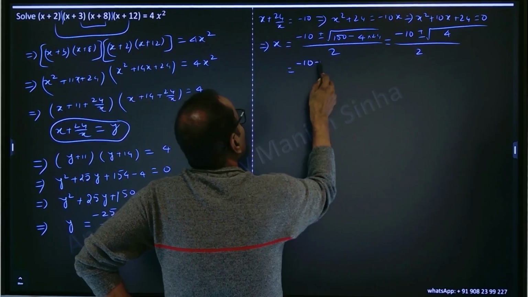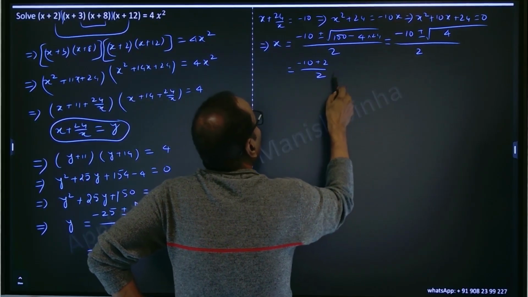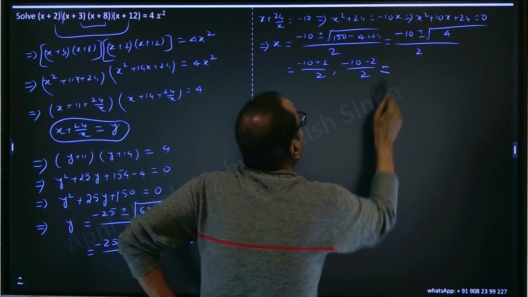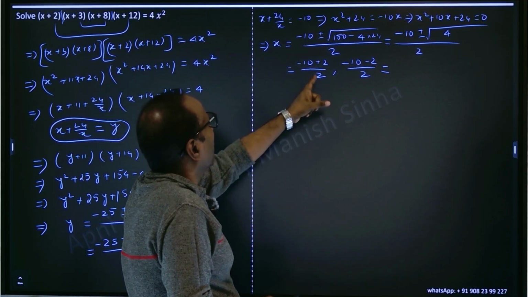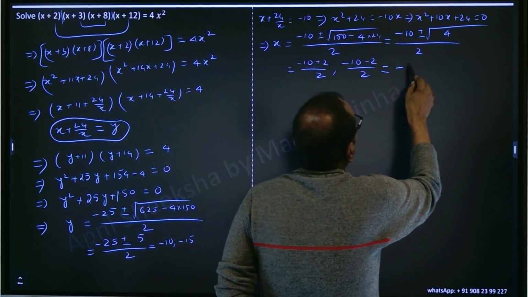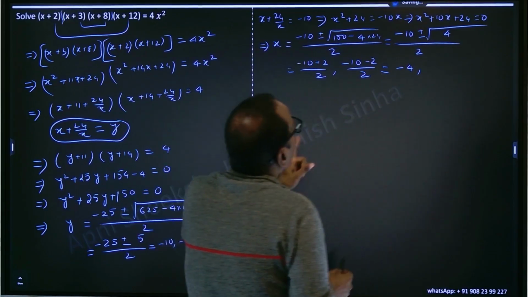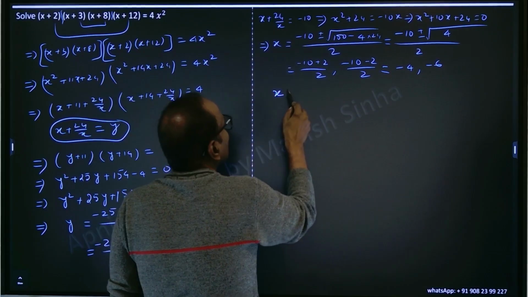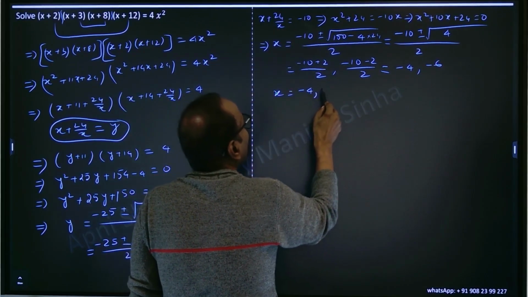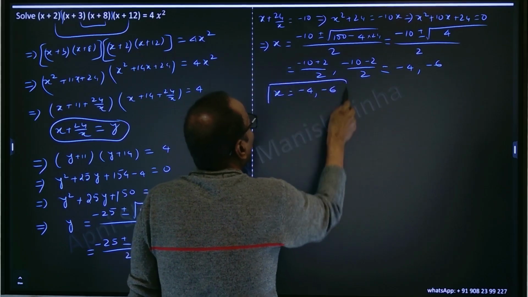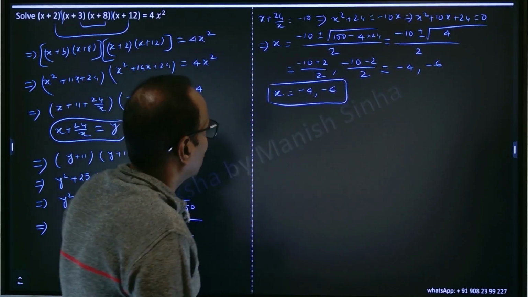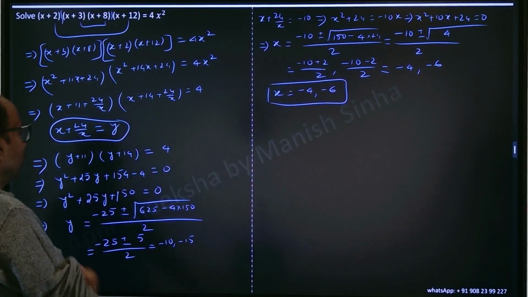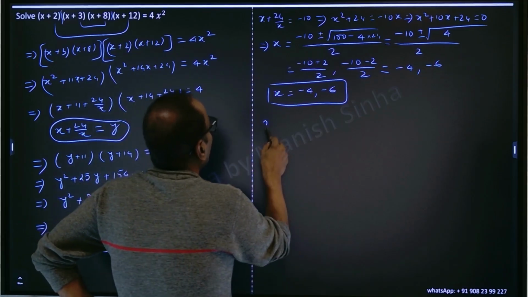So minus 10 plus 2 by 2, minus 10 minus 2 by 2. Minus 8 by 2 is minus 4, minus 12 by 2 is minus 6. So from one root of y we got this. Now we will check for the another root.